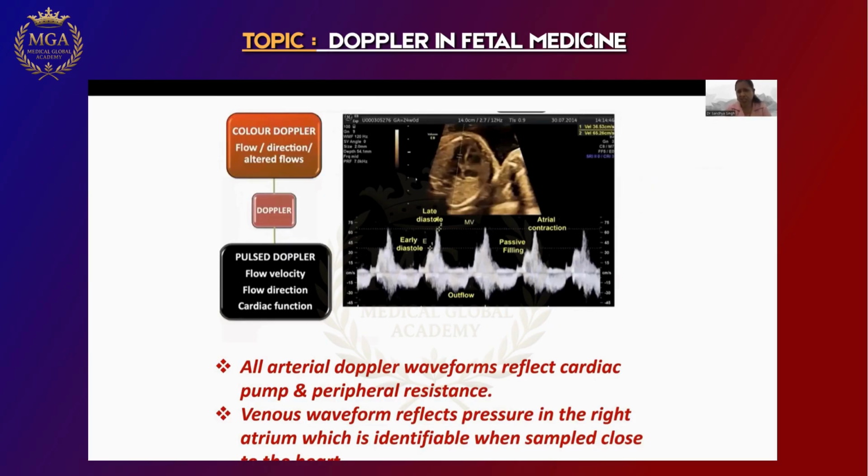So we have various modes of doing Doppler. One is color Doppler. In color Doppler, we just put the color, red and blue color will come, and what we quantify with that actually is which direction the blood is going. And if there's an altered flow, it will show, and it will show whether there is any flow or not. That's all the information which we get from color Doppler.